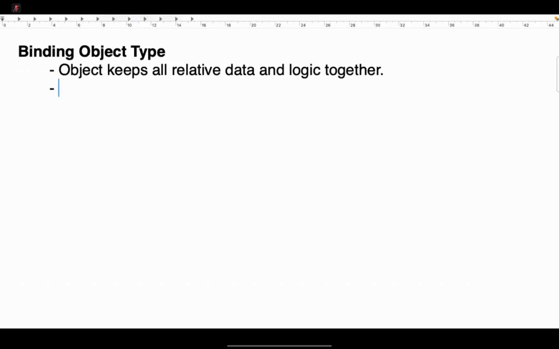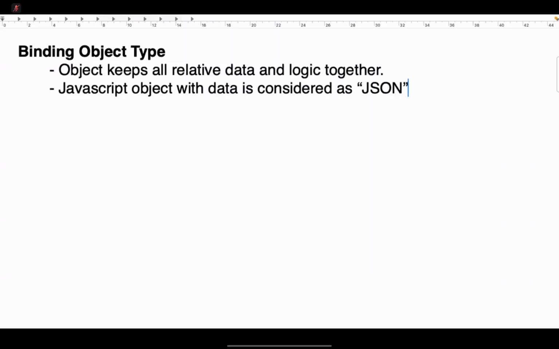And a JavaScript object with data is considered as JSON, JavaScript Object Notation. So it is a key and value collection.